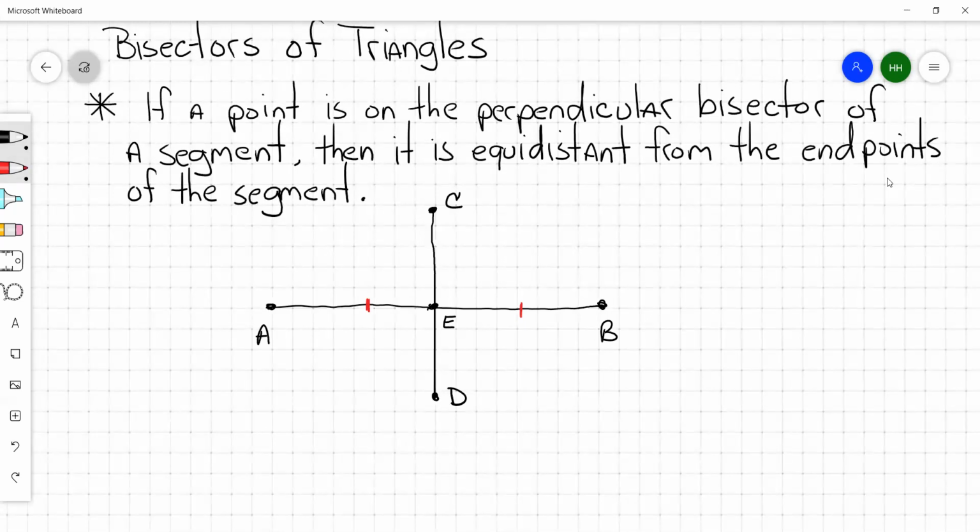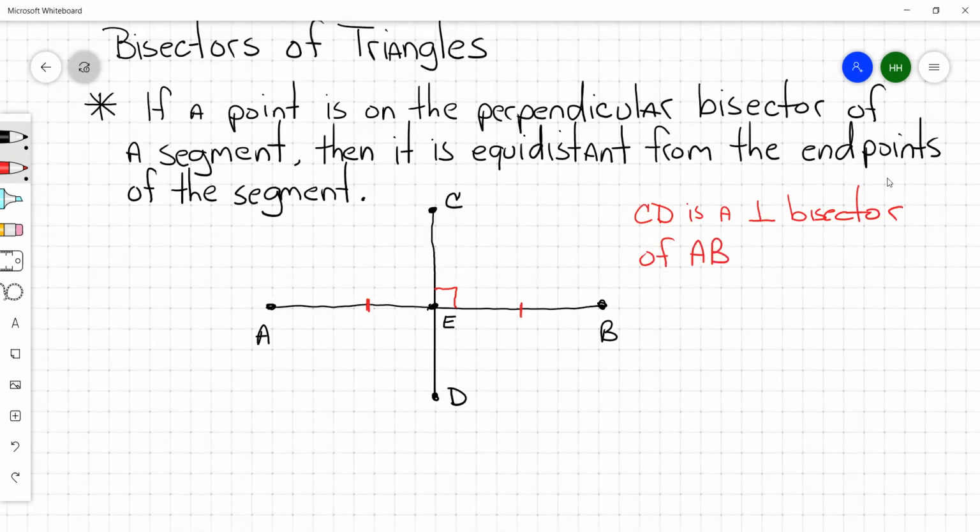If this symbol is added to the diagram, the 90-degree symbol, now it means that CD is a perpendicular bisector of AB. Okay? CD is the symbol for perpendicular bisector of AB.